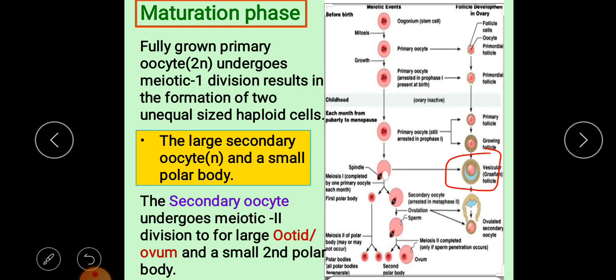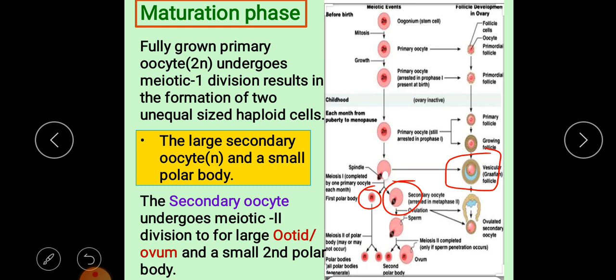When it reaches the maturation phase, it undergoes the meiotic 1 division and completes its process. When meiosis 1 completes, it forms two cells of unequal size. One is larger, known as the secondary oocyte, and the smaller cell is known as the primary polar body, or the first polar body.